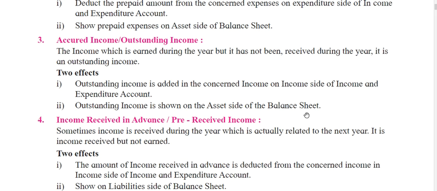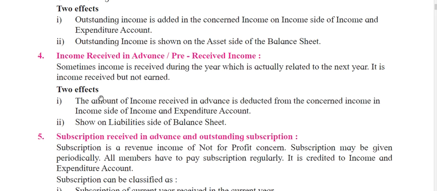So these are the two adjustments for accrued or outstanding income: it is added to the concerned income in the income and expenditure account, and in the balance sheet it is shown on the asset side.